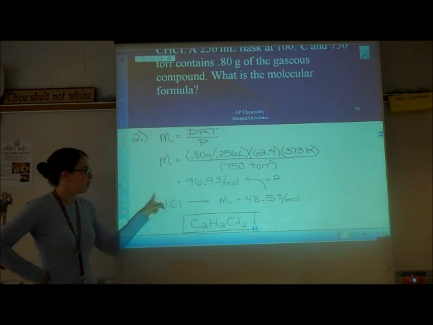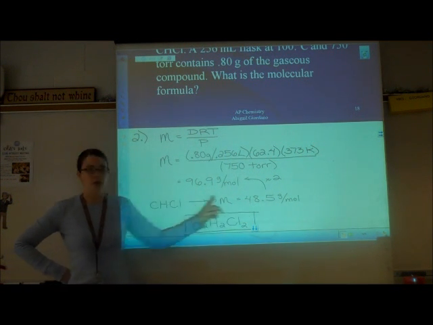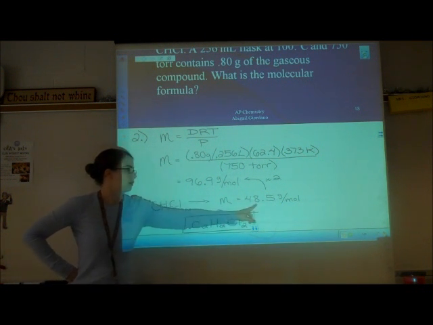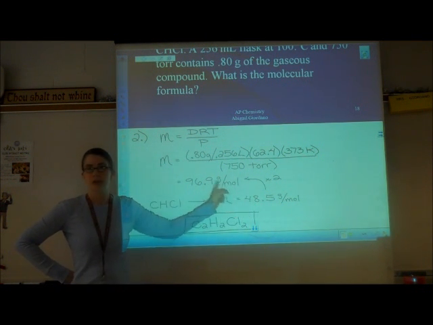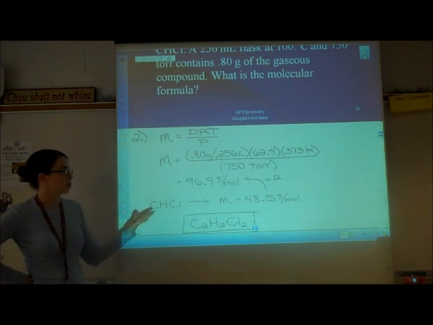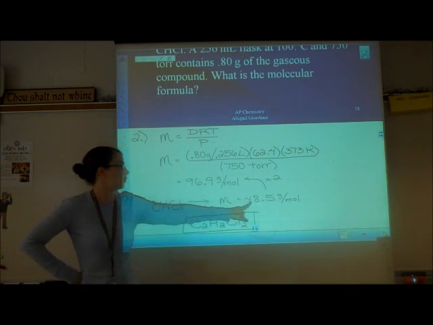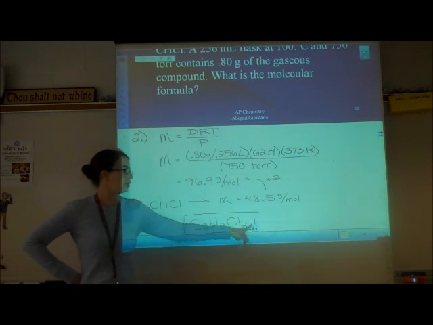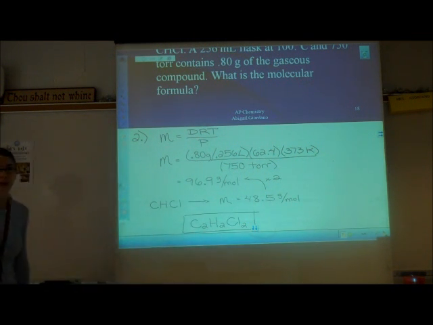If this is the molar mass of my empirical, 1 carbon, 1 hydrogen, 1 chlorine, it doesn't match, but you may have been able to see just by eyeballing it that this mass is half of that. So here is my molecular formula.